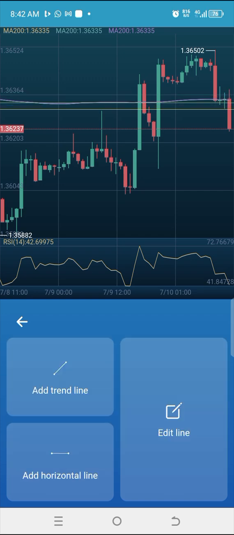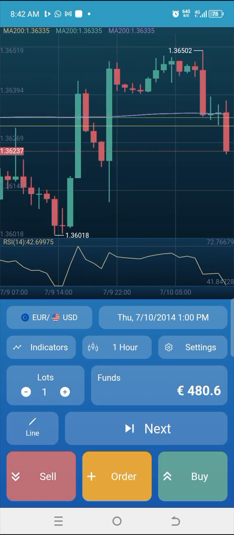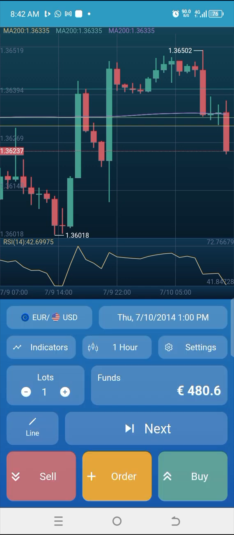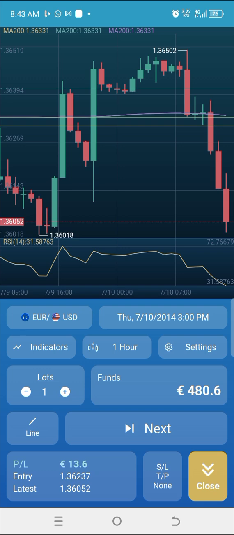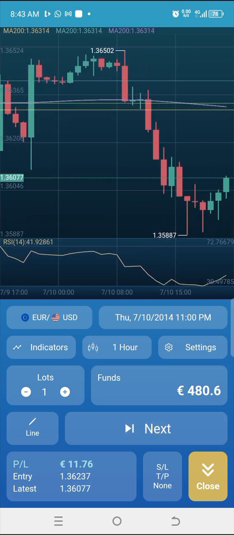So I could be right, I could be wrong, but let me place my trade. Stop loss will just be above this wick. Yeah, just above. Okay, so okay, 13. Could be wrong, it could be right, but let's wait and see.